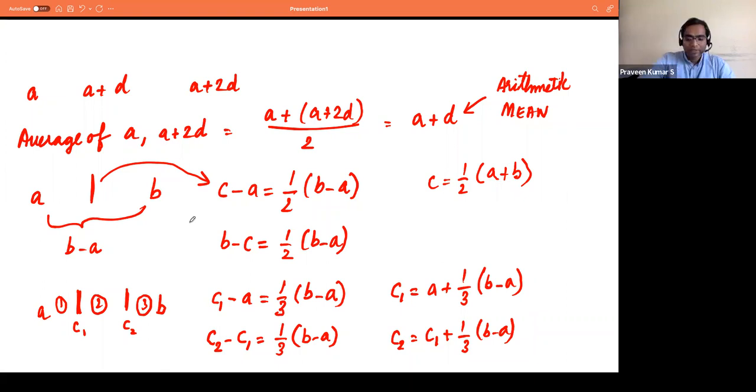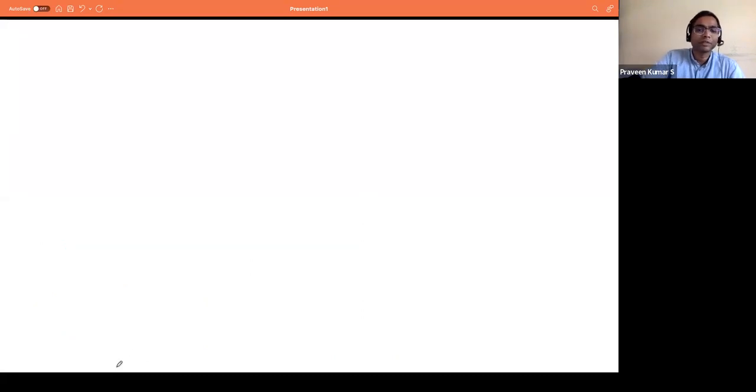Okay. Next, another type of progression where you can predict the next term is a geometric progression, where you are multiplying one number with the other continuously.